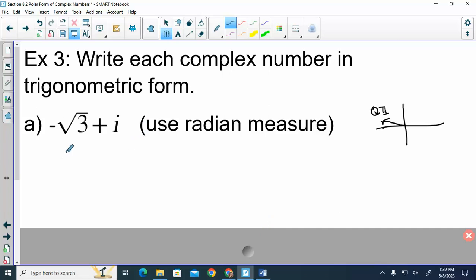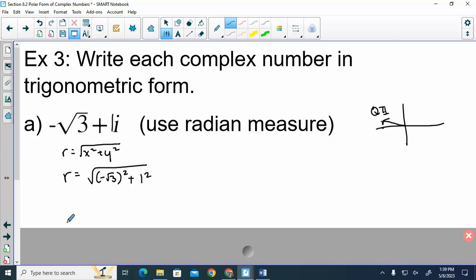Now to find r, you could think of it as magnitude or the Pythagorean theorem, or if we wrote down, r is the square root of x squared plus y squared. So x is your real part. Y is just the coefficient of i, so it doesn't include the i.